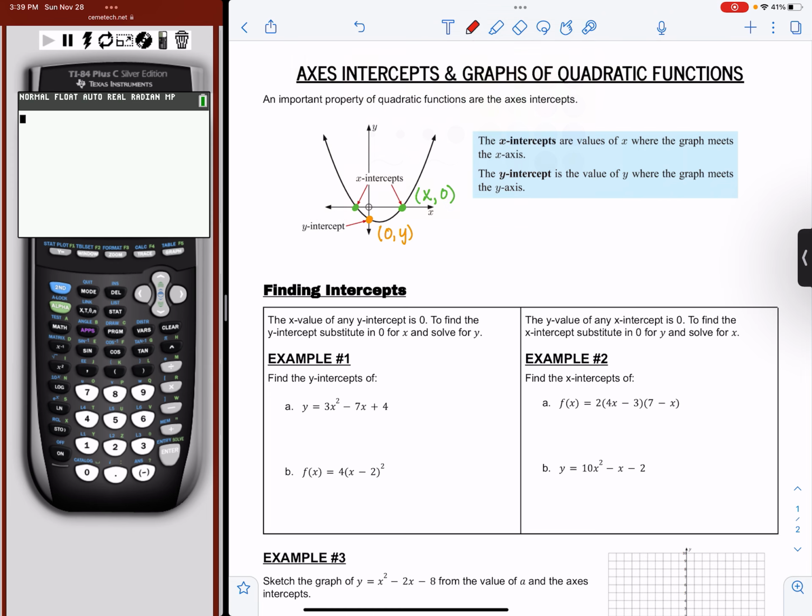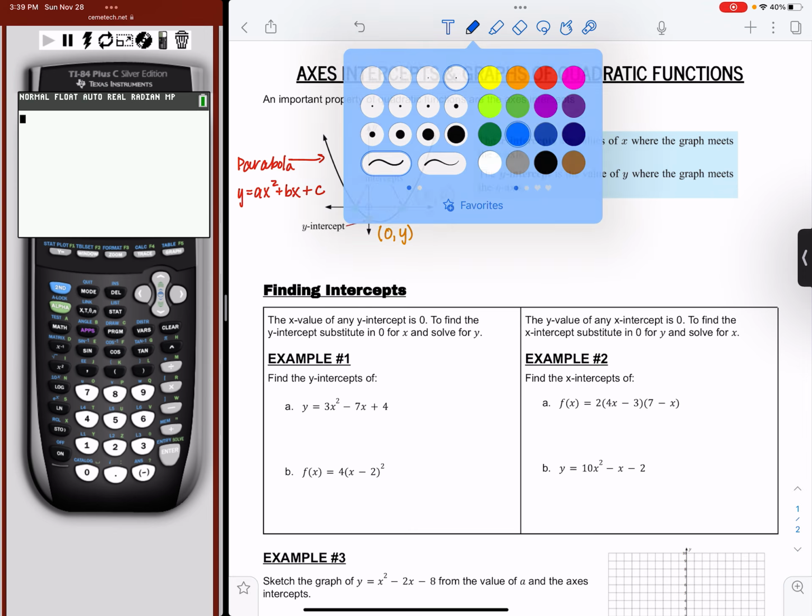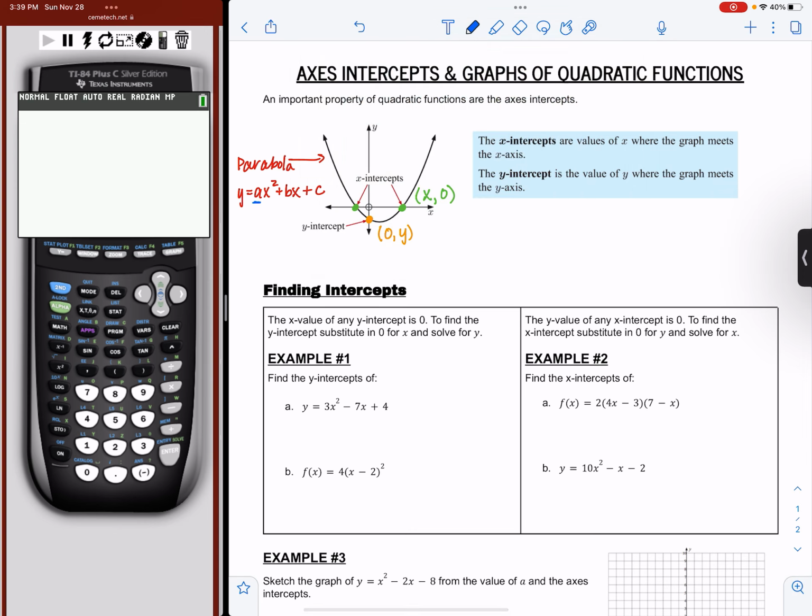Another thing I want to bring out right now is the property of this parabola. Remember, the equation of a parabola is given by the form y is equal to ax squared plus bx plus c. Anytime you have that, the value of a is going to determine whether the graph goes up or down.